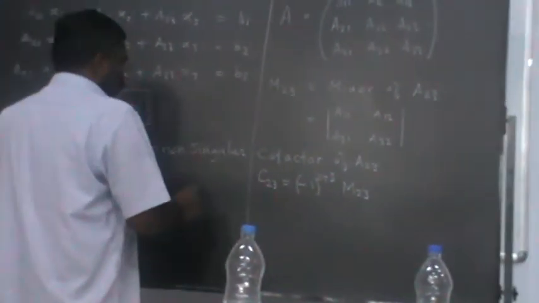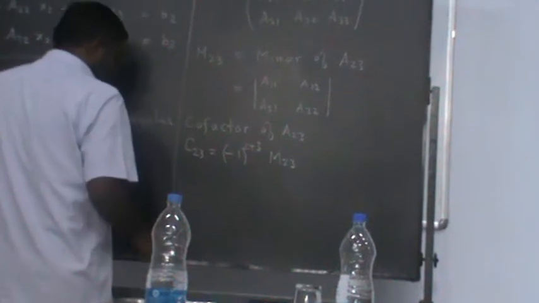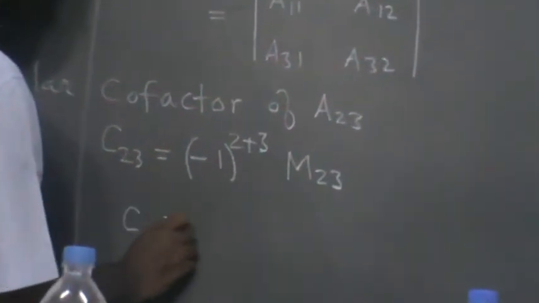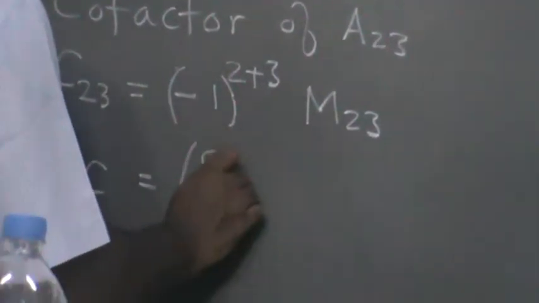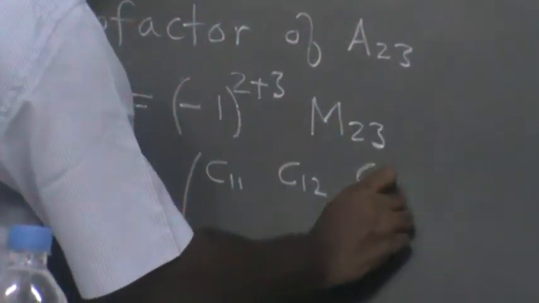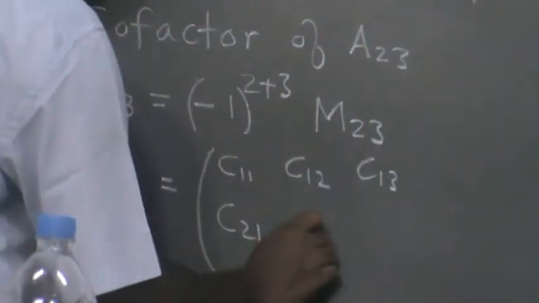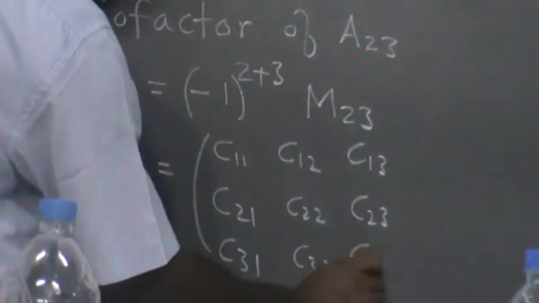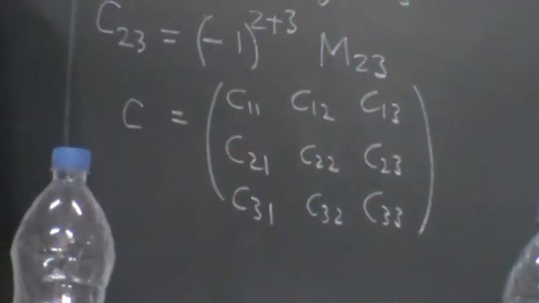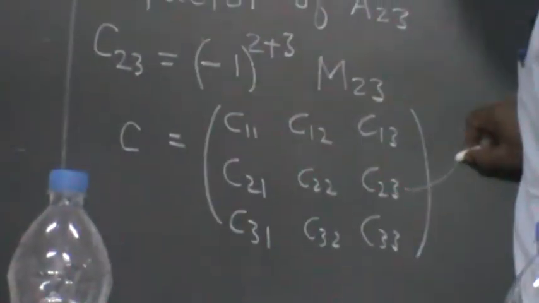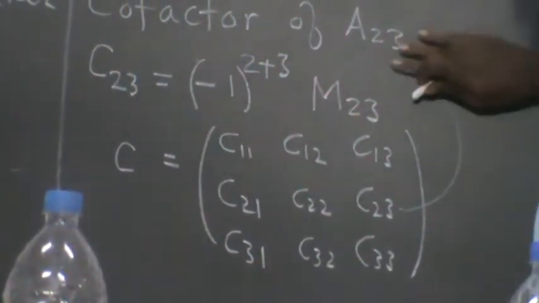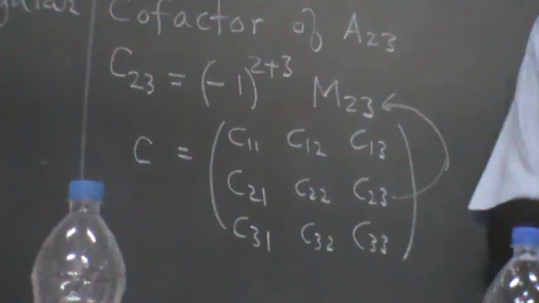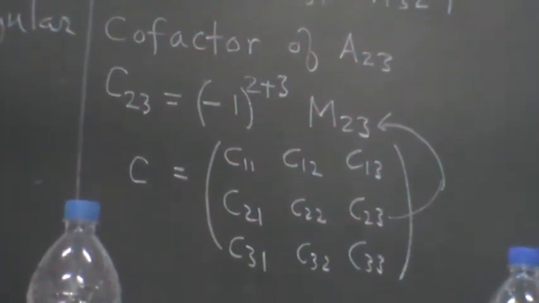So the cofactor matrix, I will call this C: C11, C12, C13, C21, C22, C23, C31, C32, C33. This is a cofactor matrix. So in that, what I have calculated is the C23 here. This is C23. I can calculate every other element like that.